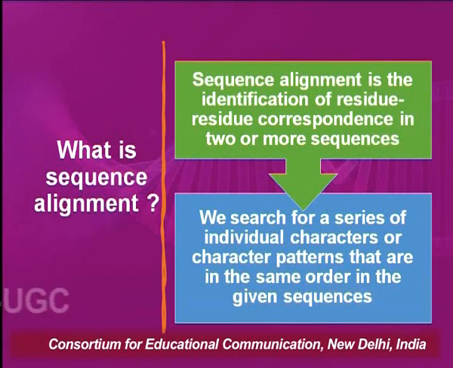And what do we aim for in sequence alignment? We try to search for a series of individual characters or patterns in these sequences that are in the same order in the given sequences. So we try to find the similarities or patterns in the characters in these two or many sequences which we are comparing.